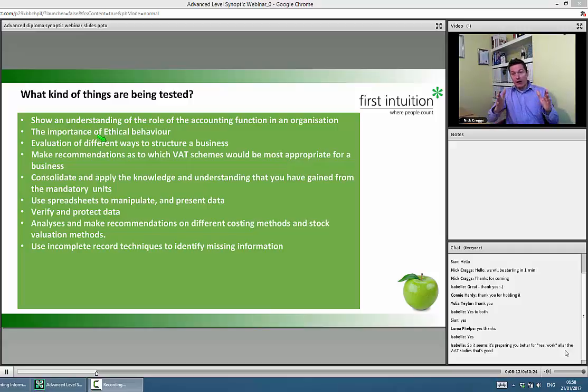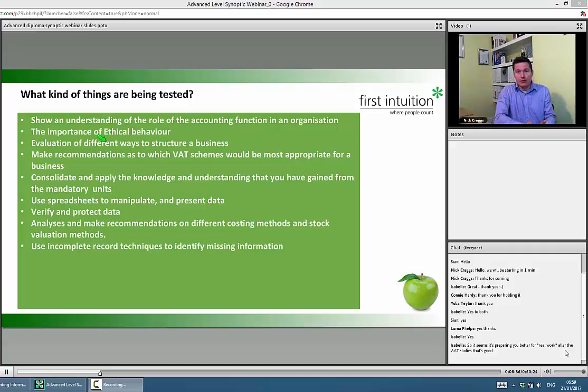It is meant to be what you would do in the workplace. If you're an accountant in practice, someone would go to you and ask, what do you think? It's more about advisory, more about helping clients as opposed to using incomplete records and getting the right answer. It is what you would actually do.